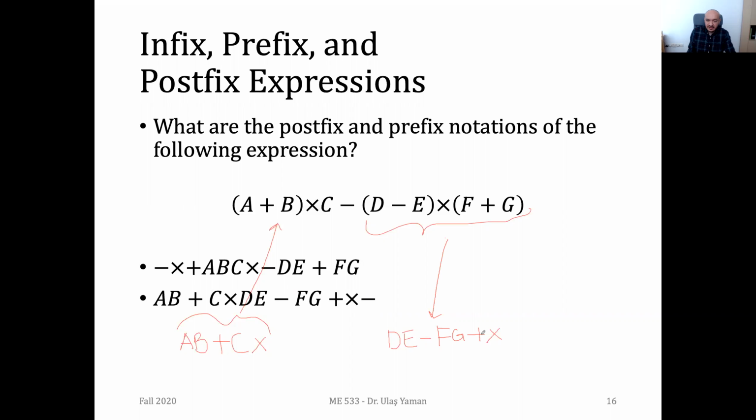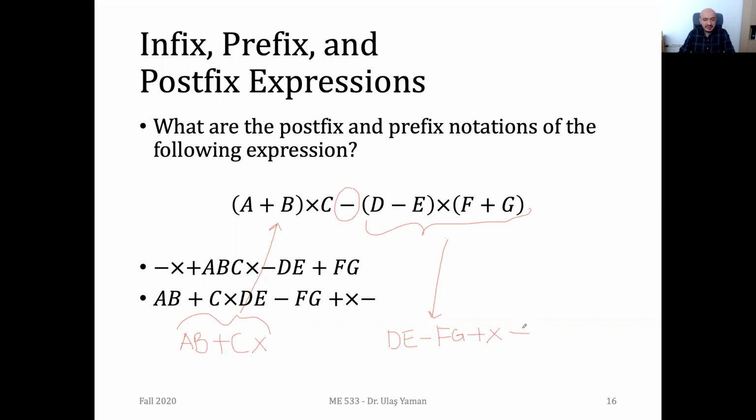Okay, now this is done actually. The only thing remaining is the subtraction sign, between the first part and the second part. The second part will be subtracted from the first part, so I need to put that subtraction sign at the end of the whole expression.